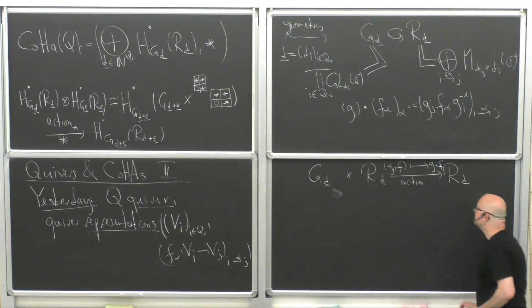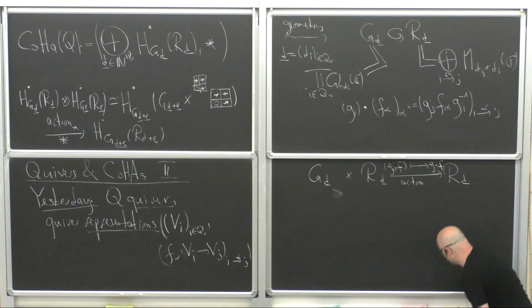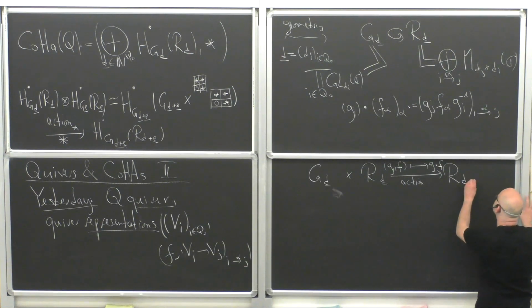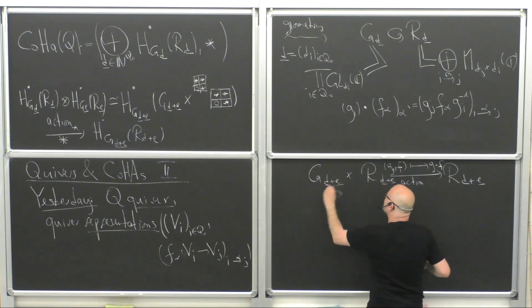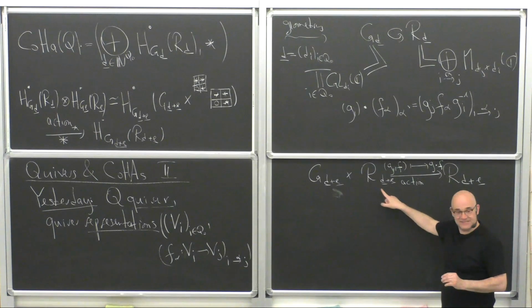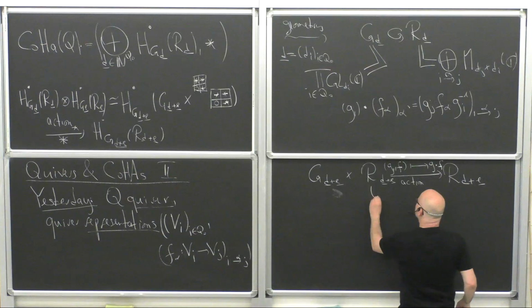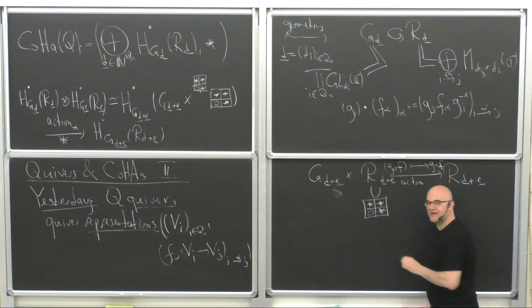All right, now let's turn to d plus e, because that's what I need for the CoHA product. And of course, we also have the action map. Inside R_{d+e}, we have those representations which have upper triangular block form.